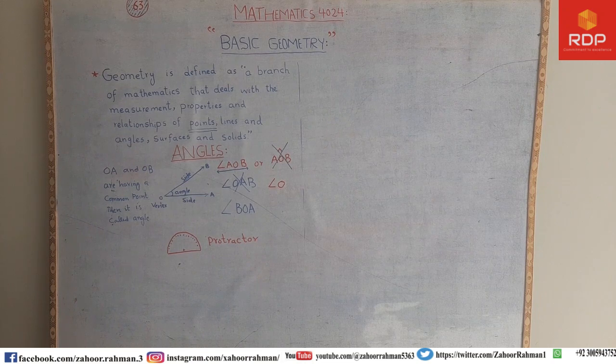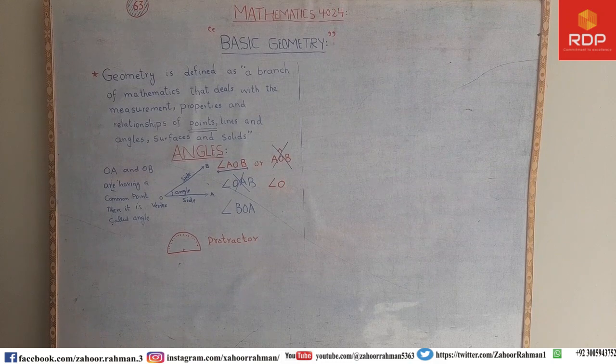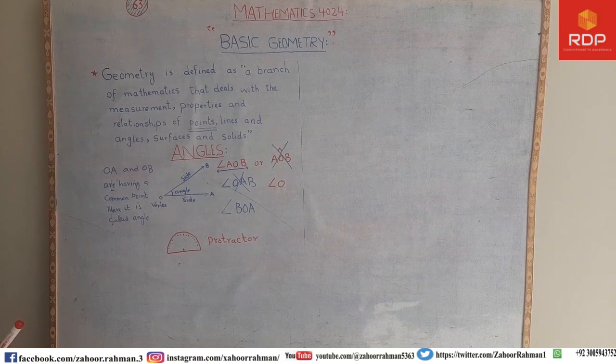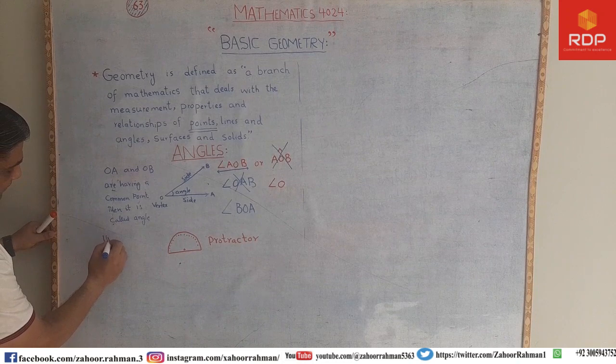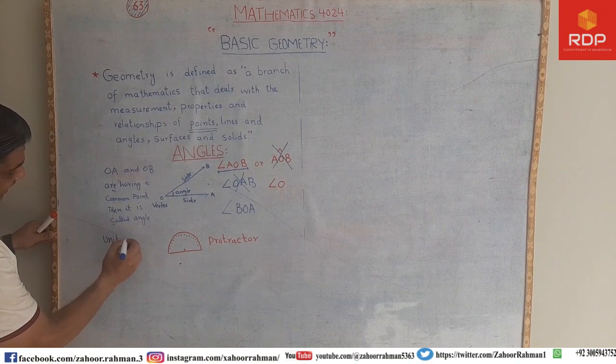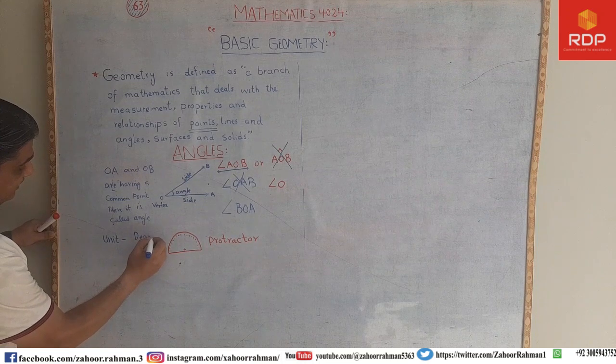Very technically, in our region they are calling it D. Perhaps in your regions they will also call it D, and we can measure the angle with this protractor, and the unit of measurement of the angle is degree.